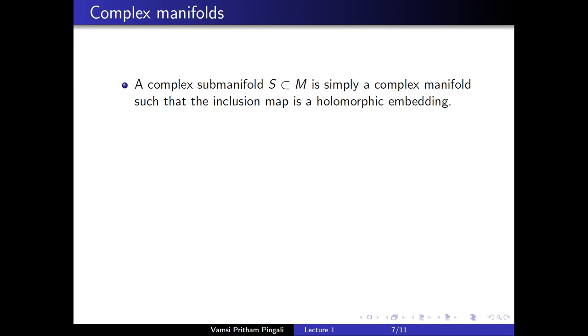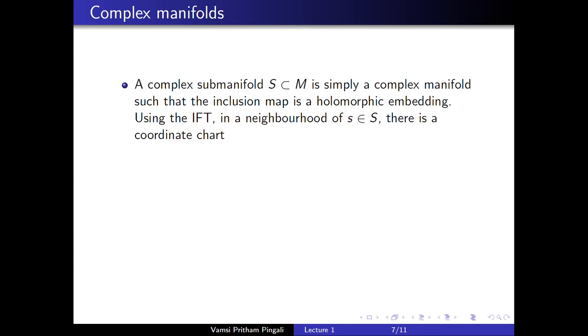Basically, what is a holomorphic map between two complex manifolds? It's simply a smooth map, such that if you choose complex coordinates here and complex coordinates there, it's a holomorphic map. If it's true in one set of complex coordinates, it's true in all the other complex coordinates because you change them only by means of biholomorphisms. So a complex submanifold is simply a smooth submanifold, except the inclusion map is not just an embedding, it's a holomorphic embedding.